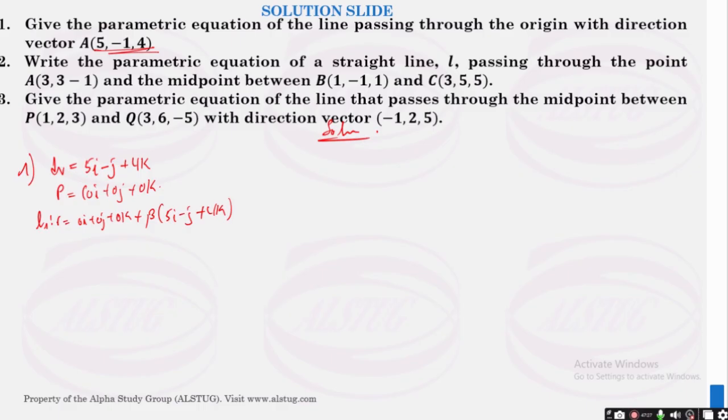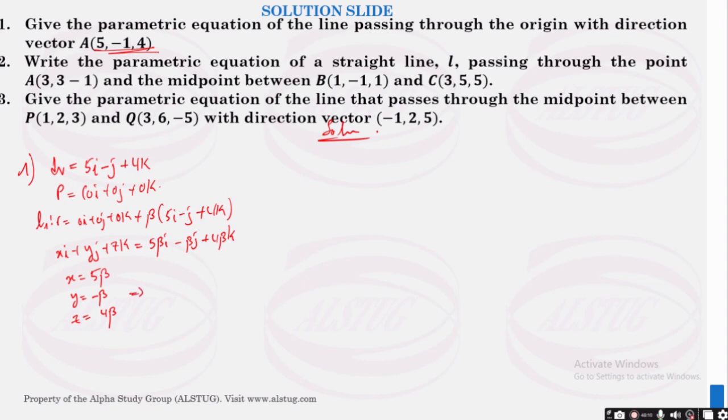Now, if this is true, then xi plus yj plus zk should be equal to 5 beta i minus beta j plus 4 beta k, which means x is equal to 5 beta, y is equal to negative beta, and z is equal to 4 beta.